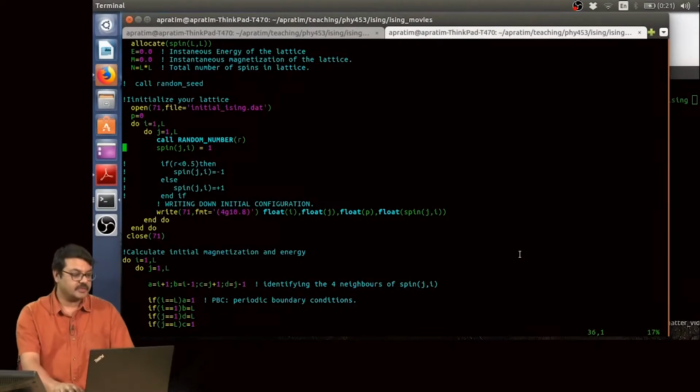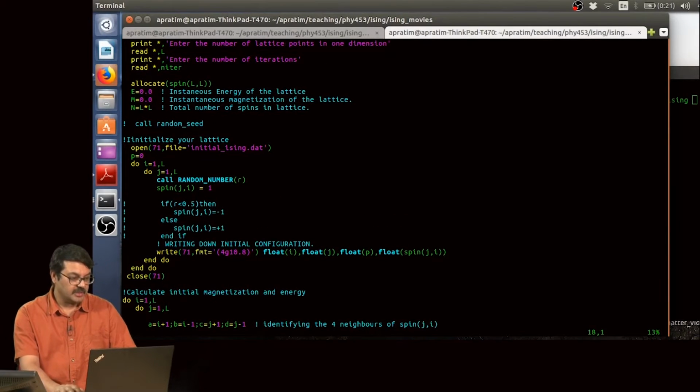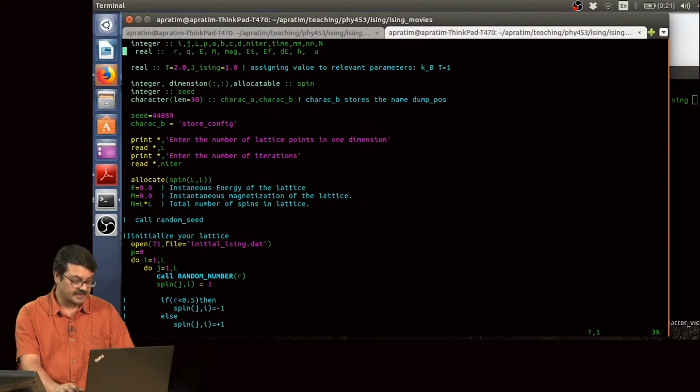So, we shall look at the data for different sizes of the lattices at different temperatures, at instantaneous values of the energy and the magnetization as a function of Monte Carlo steps, and we shall discuss the topics one by one. Okay. So, now this was the code that we discussed in the last class.